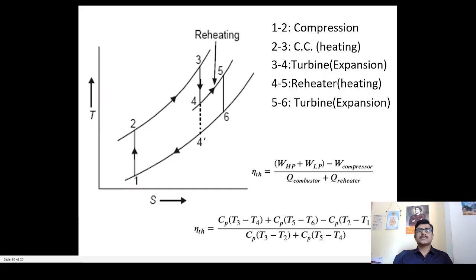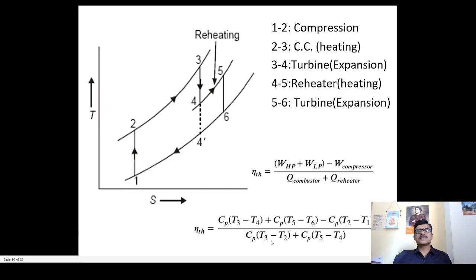Coming to the denominator side, Cp into T3 minus T2. T3 is the temperature after the heat addition. One can also see that the temperature T3 is the T max, the maximum temperature in the cycle, which can be seen in the reheat cycle.